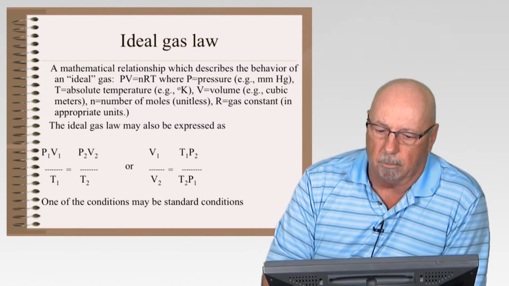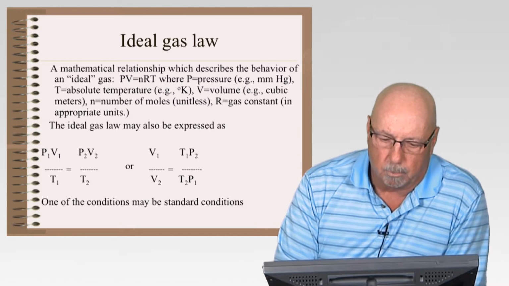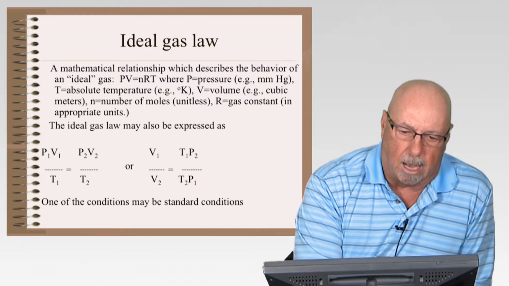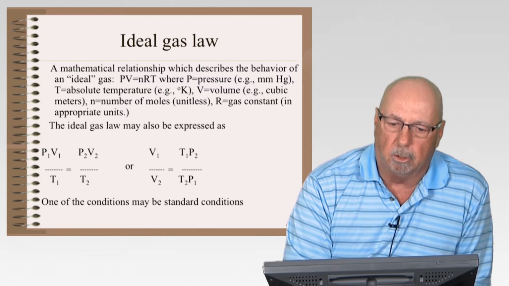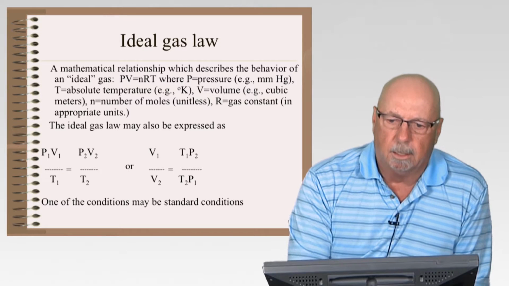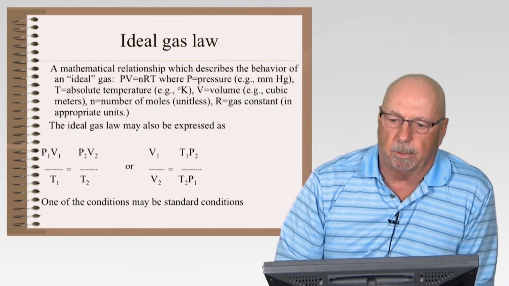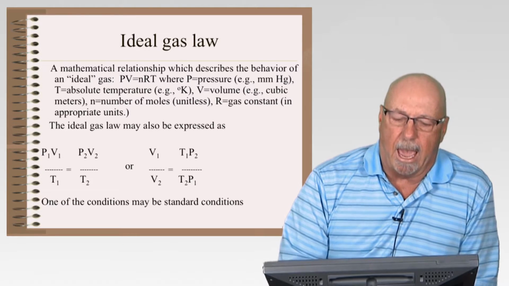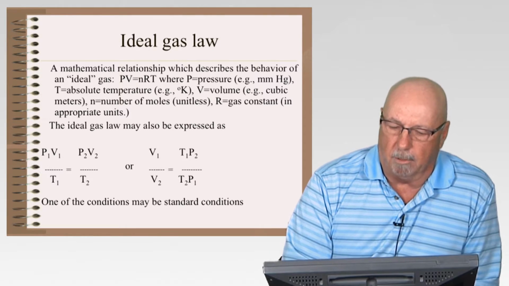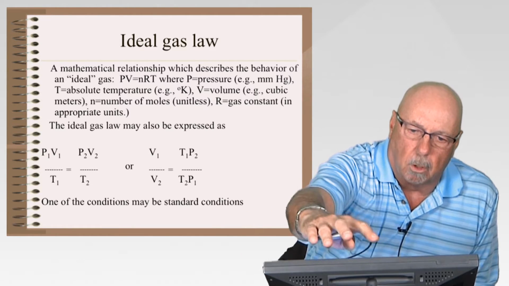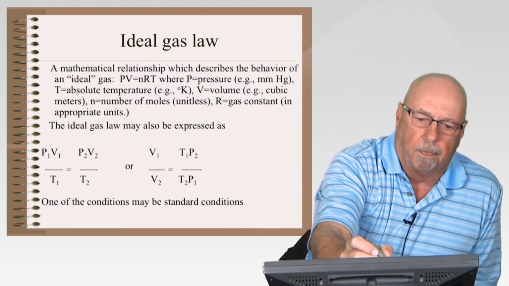And you'll need to become familiar with these because you'll be using these in many of the problems that you encounter in your projects and on the exam. But basically, the mathematical relationship of gases states that an ideal gas is going to behave in accordance with the formula you see up here.